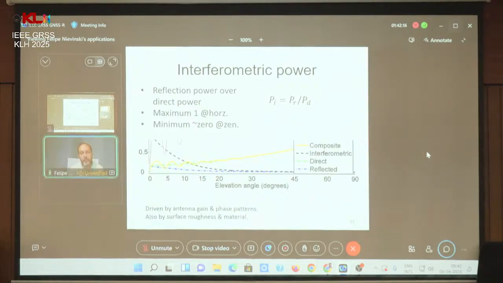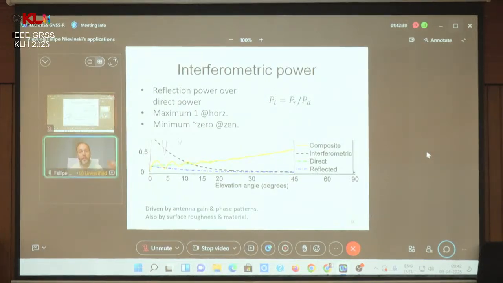And the minimum interferometric power will be close to 0 at zenith. That's a rough approximation, and it depends on the material composition and the random roughness.